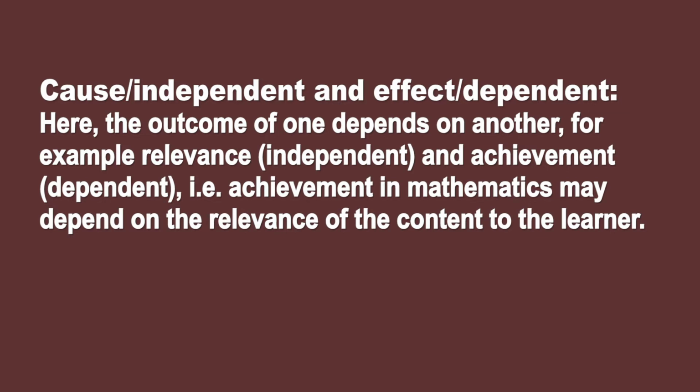For example, relevance can cause an improvement in achievement, in which case relevance is the independent variable, while achievement in mathematics is the dependent variable, and it may depend on the relevance of the content to the learner. Also, there are intervening variables which researchers use in their studies, things like gender and location.